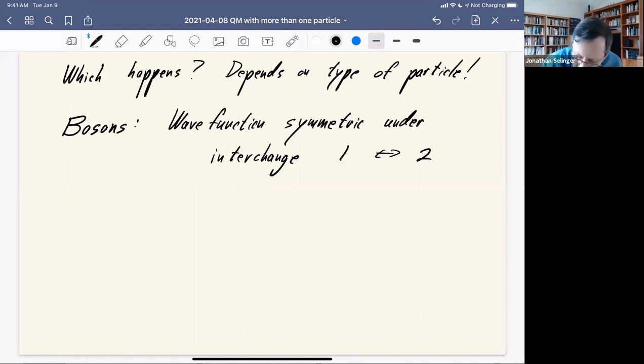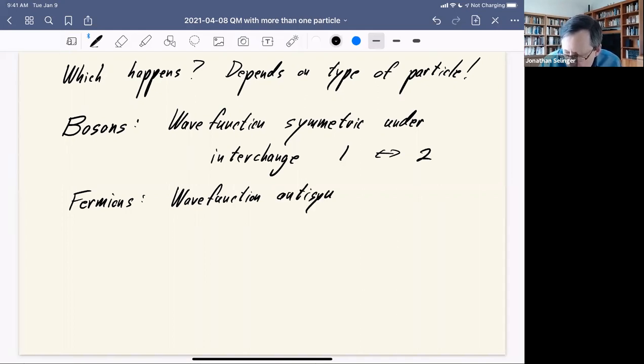And there is a different type of particles called fermions, where the wave function must be anti-symmetric under the interchange of 1 and 2.